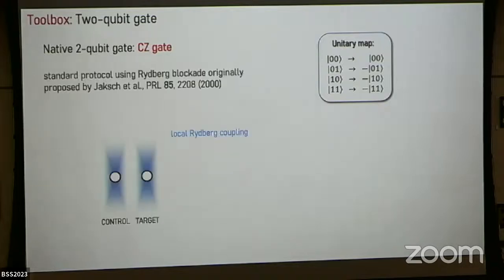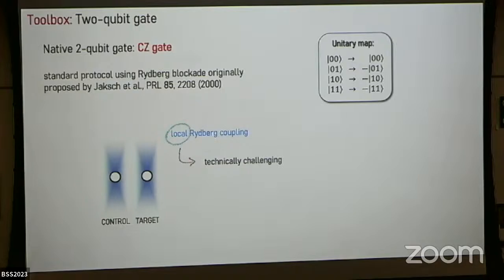Now the protocol to do this CZ gate was originally proposed back in 2000, and it was a clever idea that used Rydberg blockade. The only problem here is that to implement the CZ gate, you will need to have local Rydberg coupling.